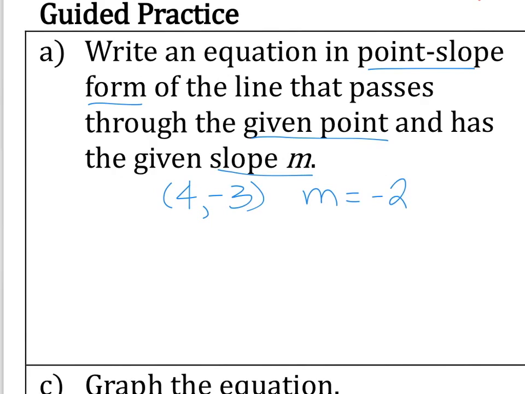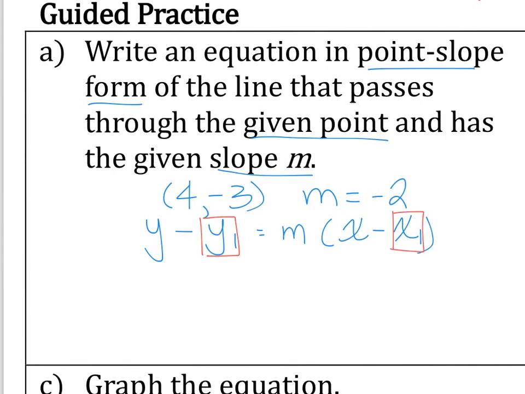So write y minus y1 equal to m times x minus x1, and now our goal is to substitute the given point into y1 and x1. Now watch carefully how I do this.